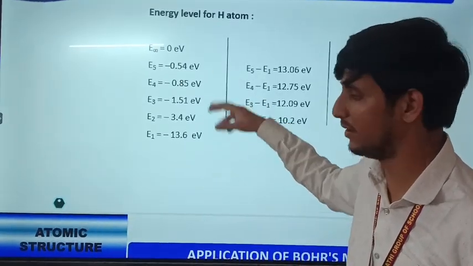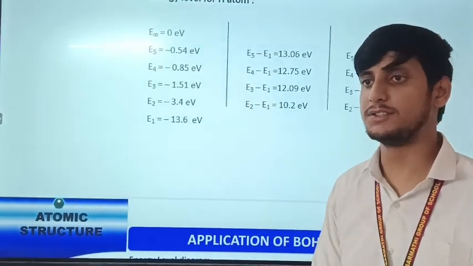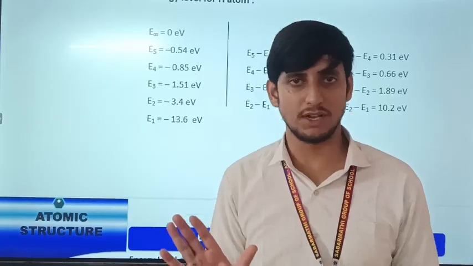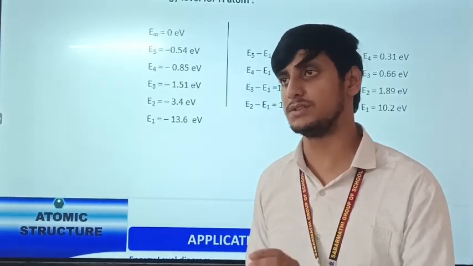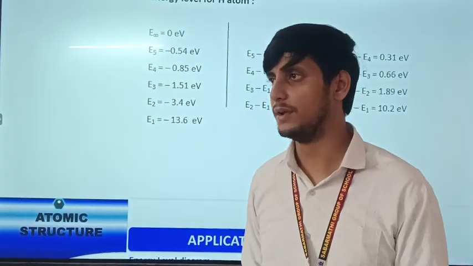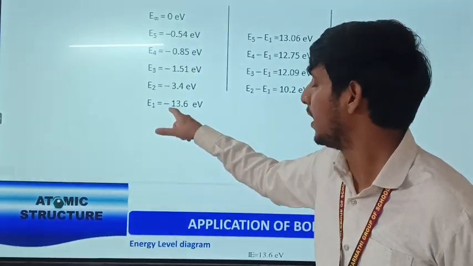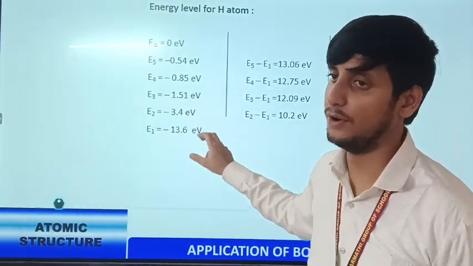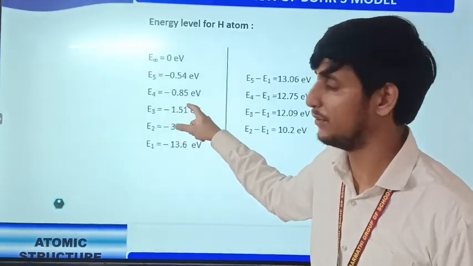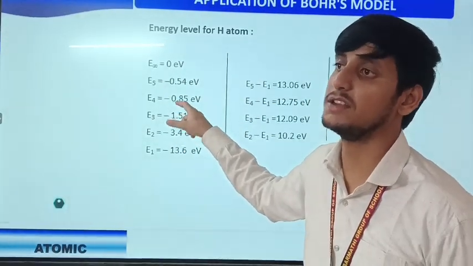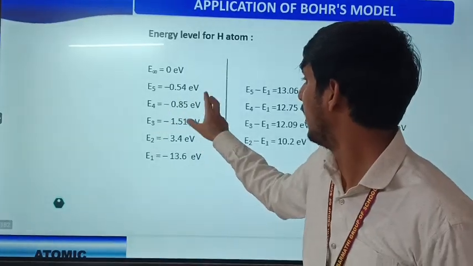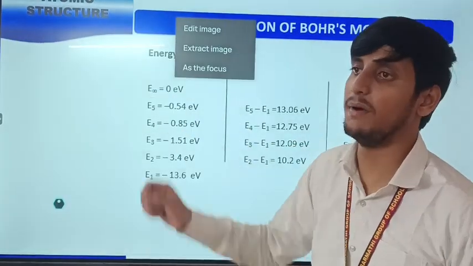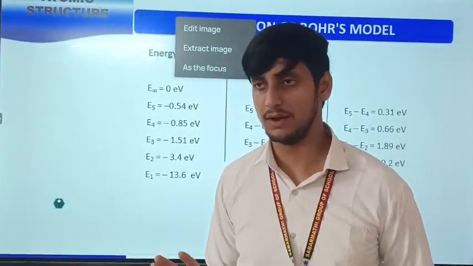Energy levels you can find for the hydrogen atom. Try to remember at least for hydrogen atom, up to the sixth shell. First shell is associated with minus 13.6 electron volt, second shell minus 3.4, third shell minus 1.51, fourth minus 0.85, fifth minus 0.54, and sixth minus 0.38 electron volt.